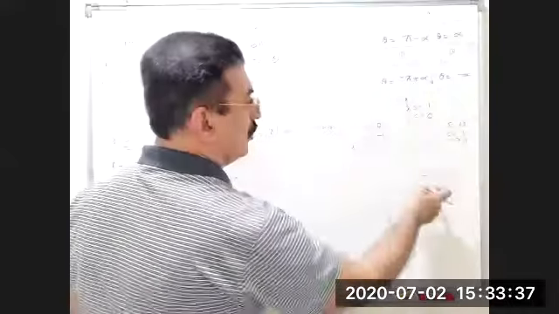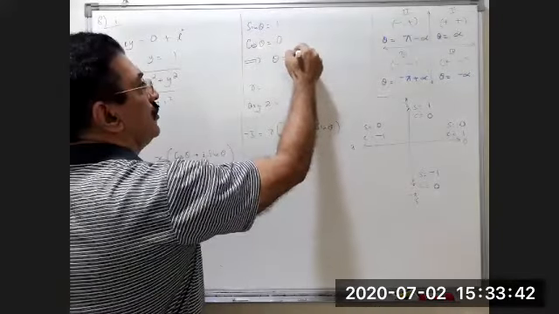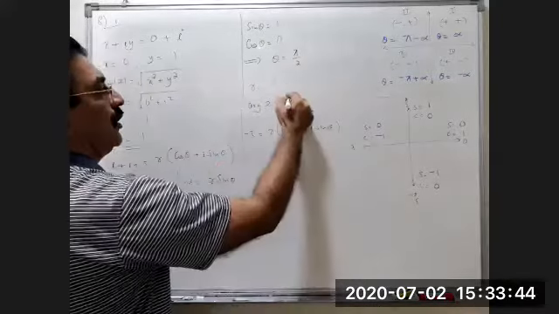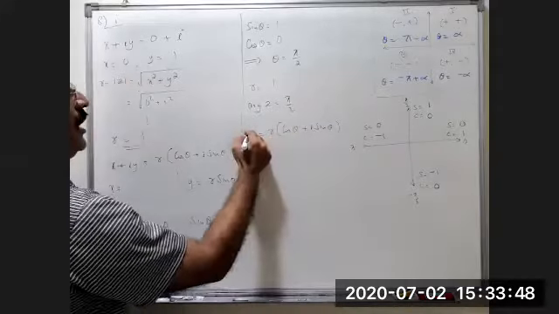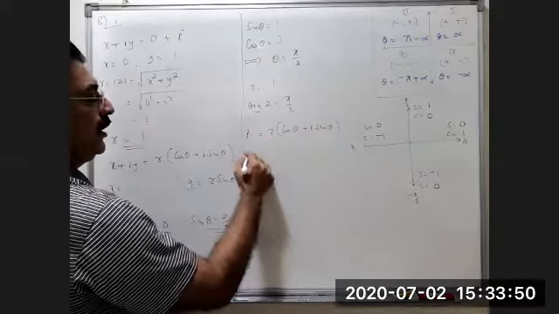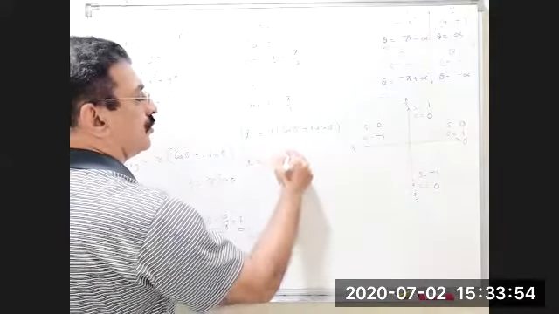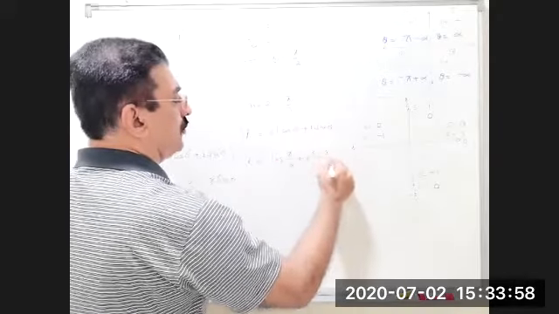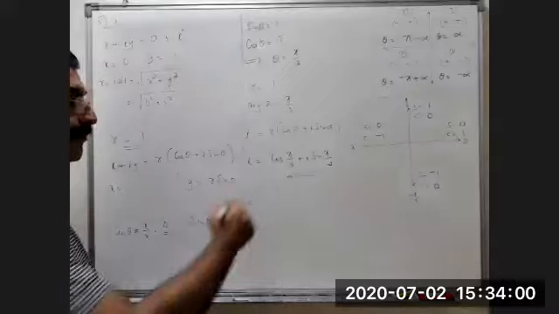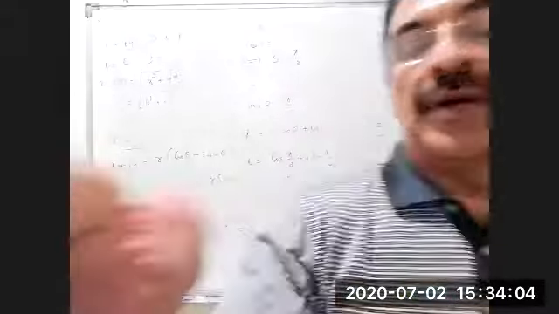Sin 1, cos 0 means it is pi by 2. So theta is pi by 2. r is 1, pi by 2. Our question, i, is equal to 1 into cos pi by 2 plus i sin pi by 2. That's it.